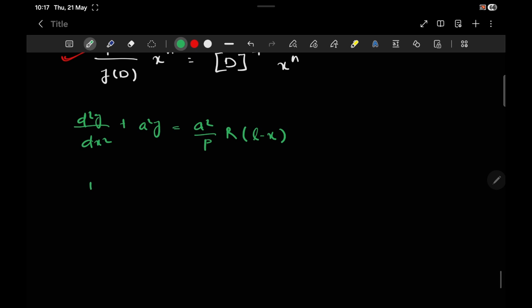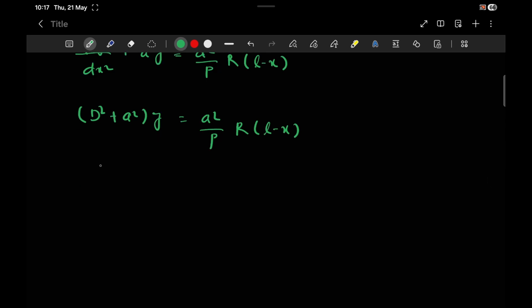So this is D square plus a square into y is equal to a square by pr into L minus x. So the auxiliary equation is m square plus a square is equal to 0. That implies m is equal to plus minus ia.